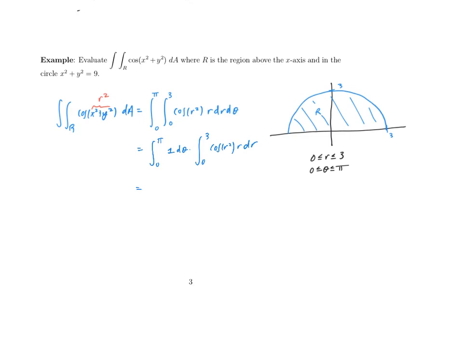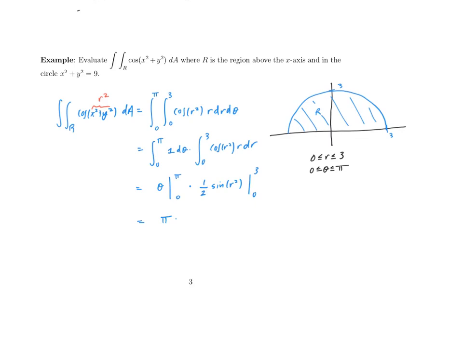The antiderivative of 1 would just be theta, and we're talking about from pi to 0, we simply get back pi. In terms of cosine of r squared times r, let me note that the antiderivative would be 1/2 sine of r squared from 0 to 3.